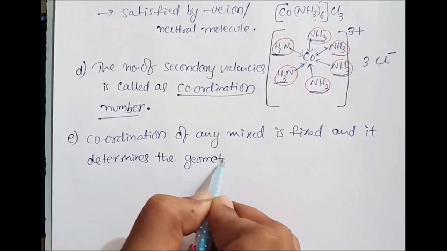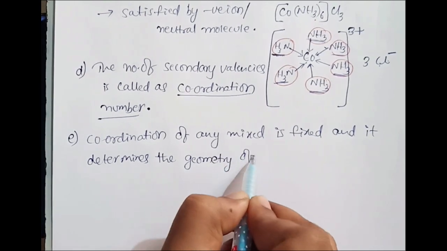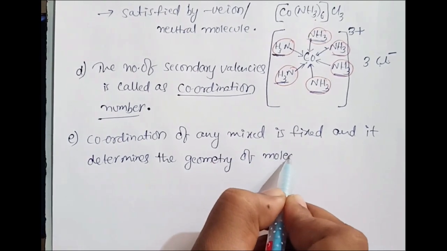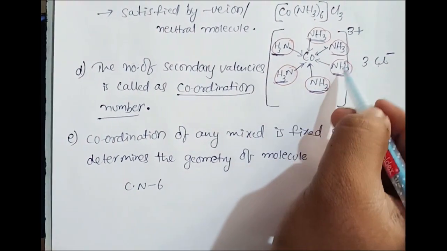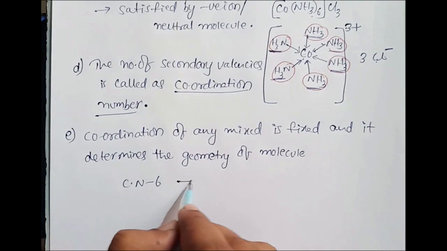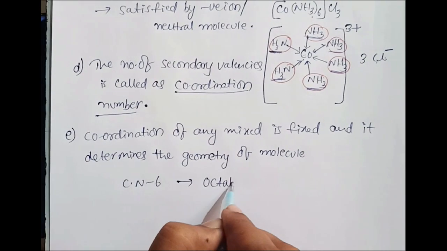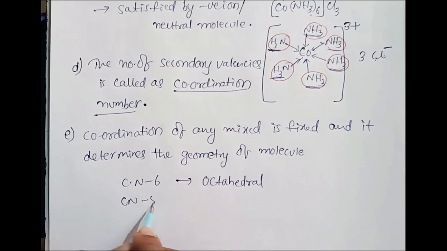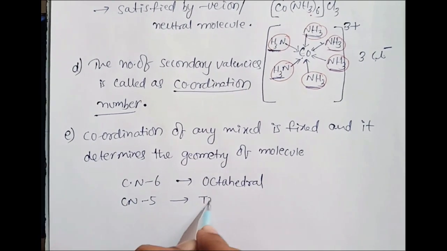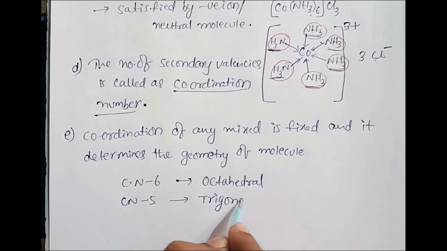Geometry means what? Structure of the molecule. So if coordination number is 6, like we have seen here, then the structure is octahedral. If the coordination number is 5, the structure is going to be trigonal bipyramidal.